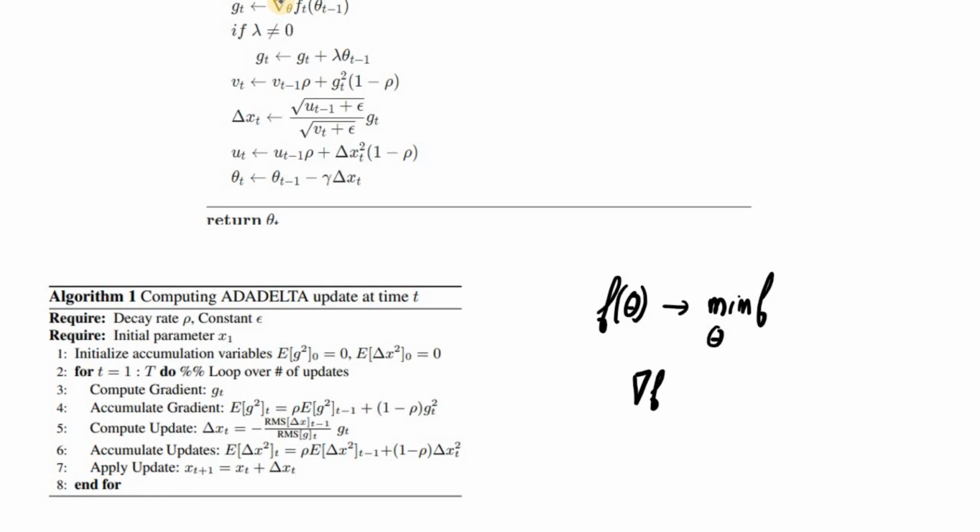Now the value g_t is equal to the gradient of f at theta t minus 1. Depending on the iteration number, the value of the gradient will be calculated, and the gradient at the previously calculated value of theta is what g_t is.